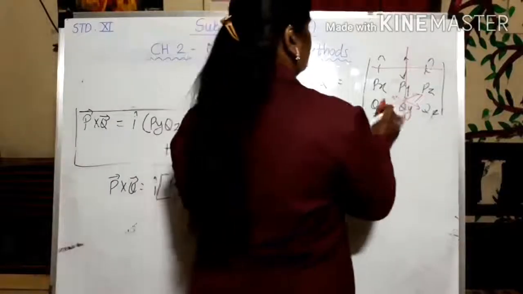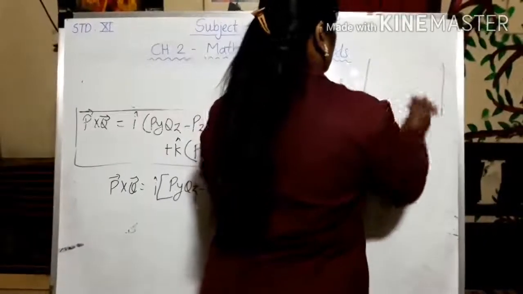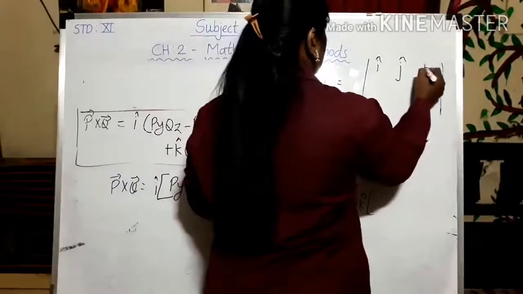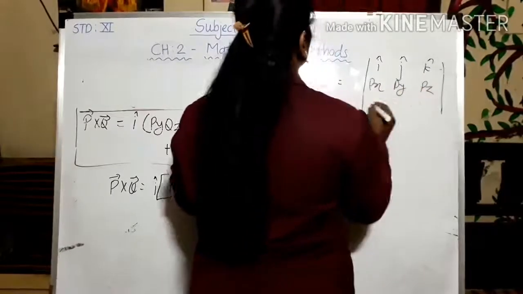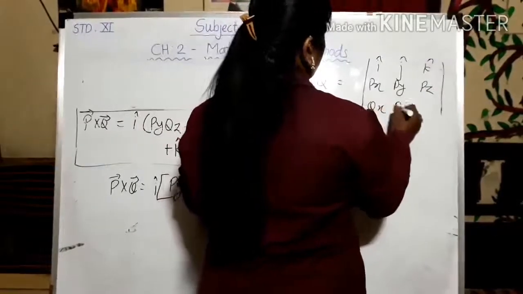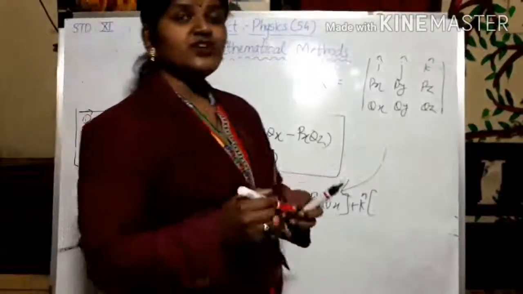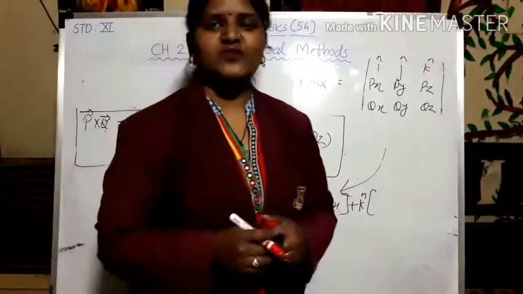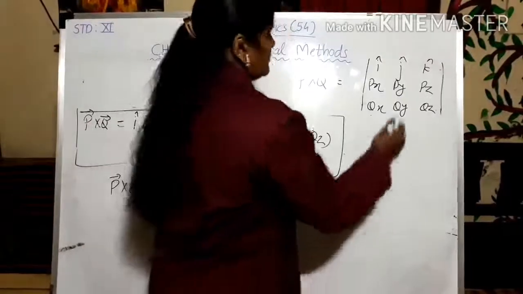So what can we do right now? I will write it again. Right now, we are going to ignore what? The terms of the rows and the column which is consisting of K, as I have written K over here.